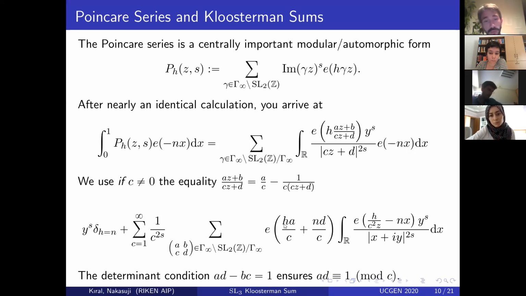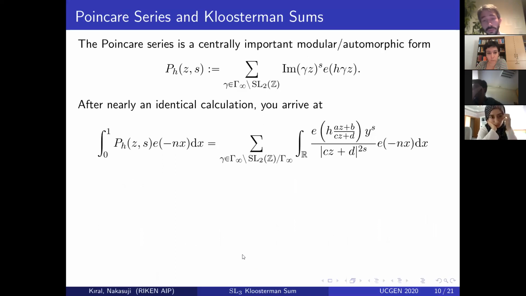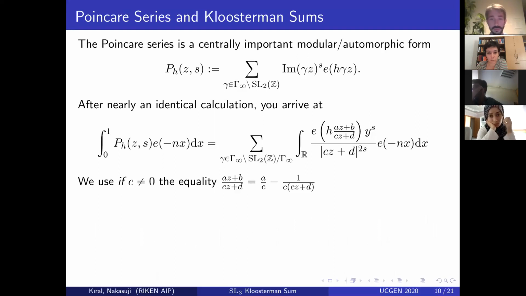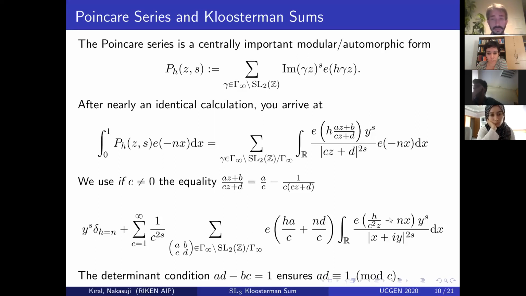And I have a Kloosterman sum here because a and d are coming from this 2 by 2 matrix with determinant 1. This is coming from SL2Z. So ad minus bc is congruent to 1 modulo c.